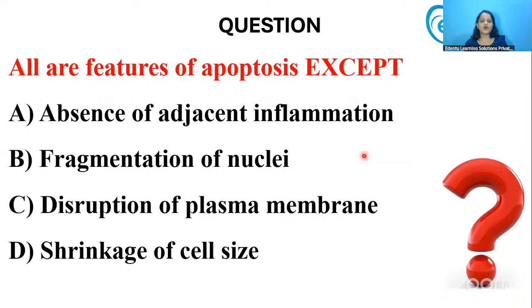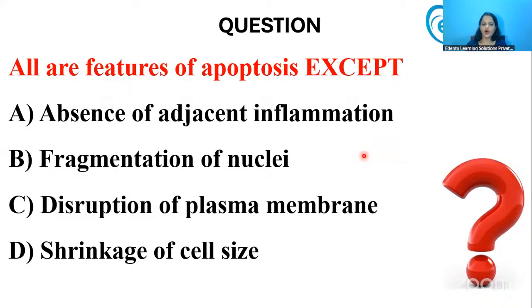The next question: all are features of apoptosis except. We had discussed the cytoplasmic and nuclear changes related to necrosis. Now we are moving on to apoptosis. All are features of apoptosis except: absence of adjacent inflammation? Yes. Fragmentation of nuclei? Yes. Disruption of plasma membrane?